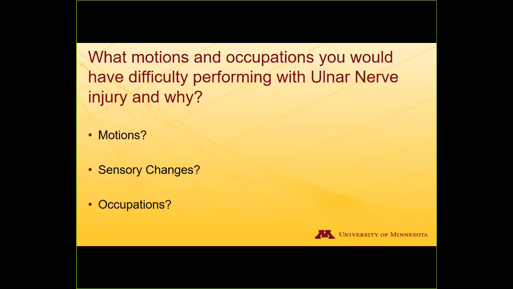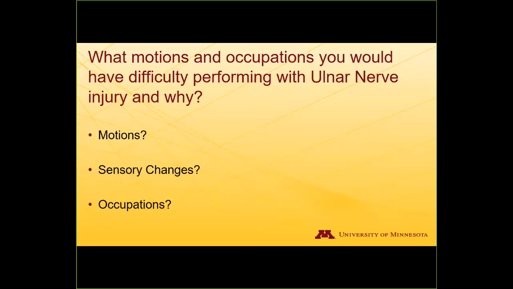We would also have weakness in our interossei, so we couldn't abduct our fingers or adduct our MCP joints. We'd be weak there. And then we'd also have problems adducting our thumb because adductor pollicis wouldn't be working.